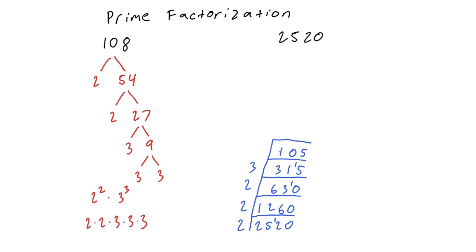Next, we can divide by 3 again. And one little trick to know if you can divide by 3, you can always just try and see if it works. But if the digits add up to a number that you can divide by 3, it works. So if we see 1 plus 0 plus 5 is 6, and you can divide 6 by 3, that means you can divide by 3.